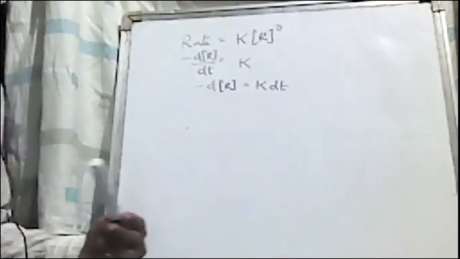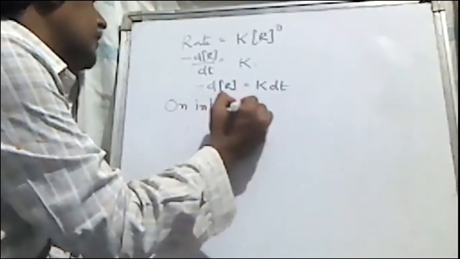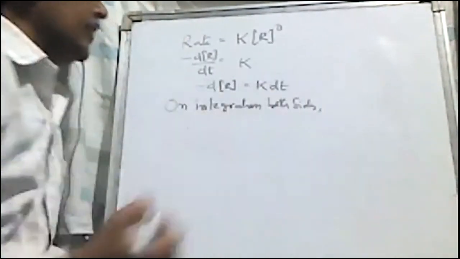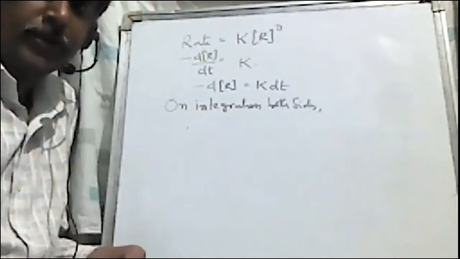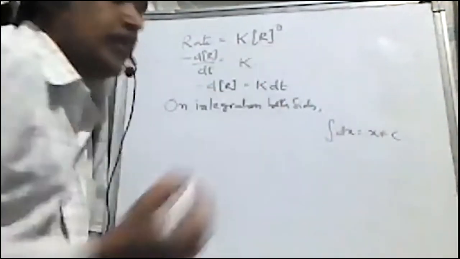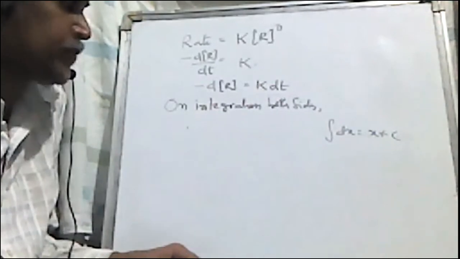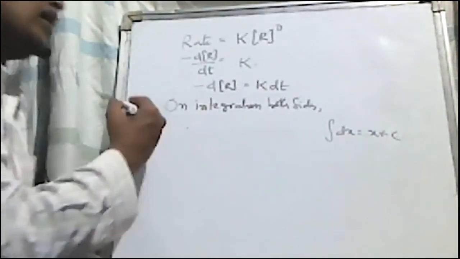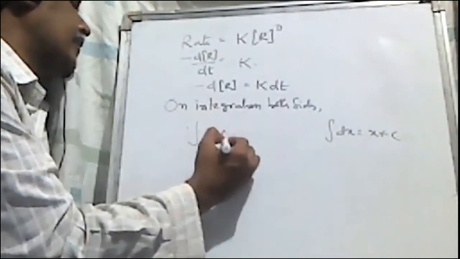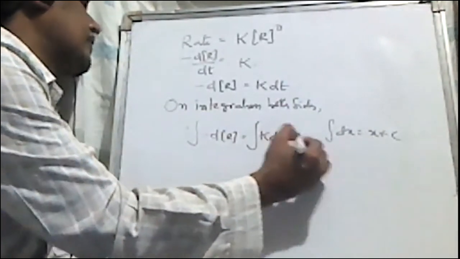See here, on integration of both sides. We know that the integral of dx is equal to x plus c. That is why, if I integrate both sides, minus integral dR is equal to integral k dt plus c.